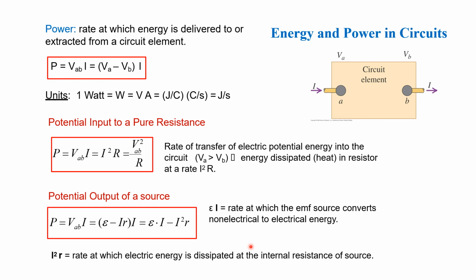I squared R is the rate at which electrical energy is dissipated at the internal resistance of the source.